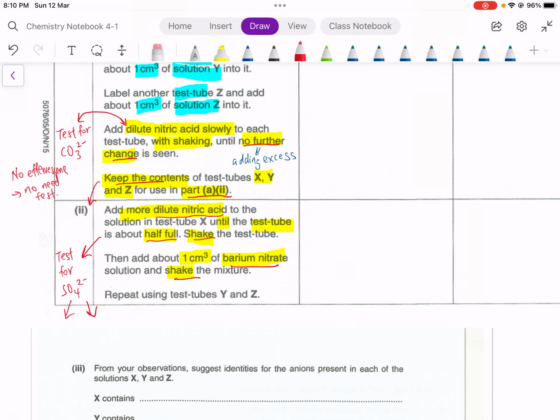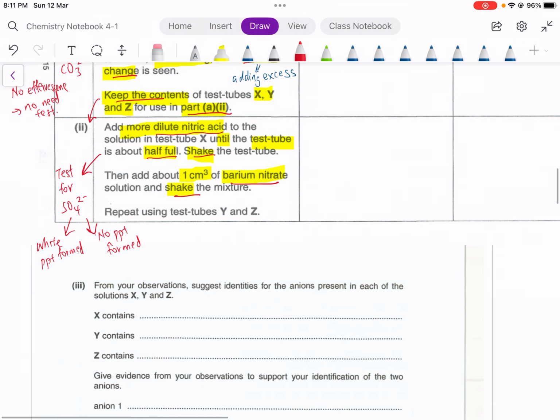So for sulfate, there are two outcomes. If there's a white PPT formed, you write white PPT formed as your observation. If there's no white PPT formed, then you put no PPT formed. Because we are trying to answer using this test, one means white PPT formed, the opposite one will be no PPT formed.